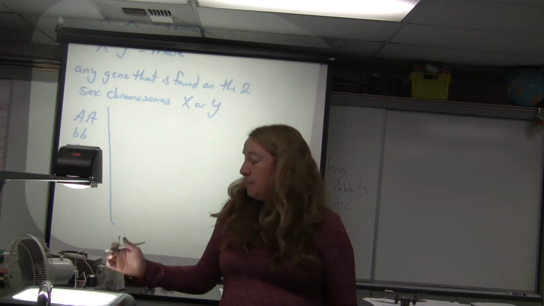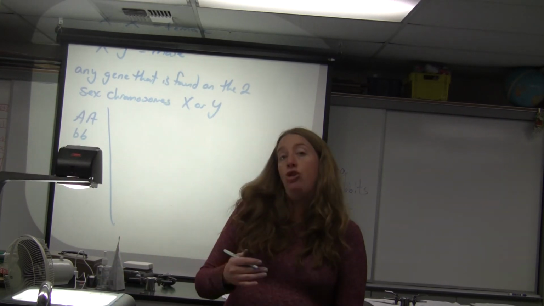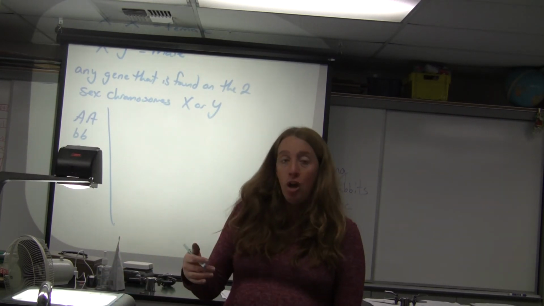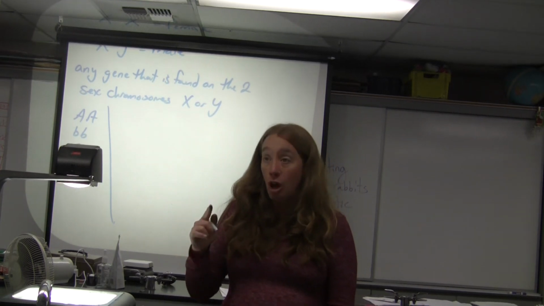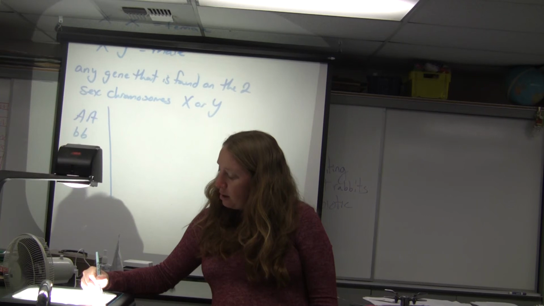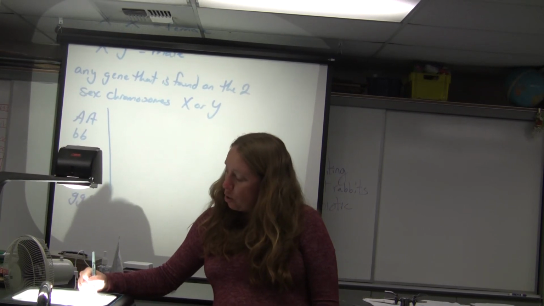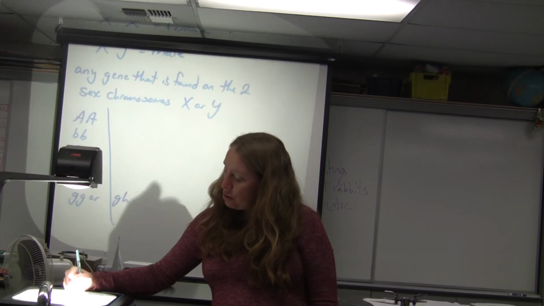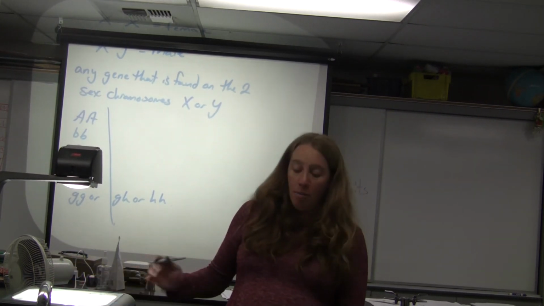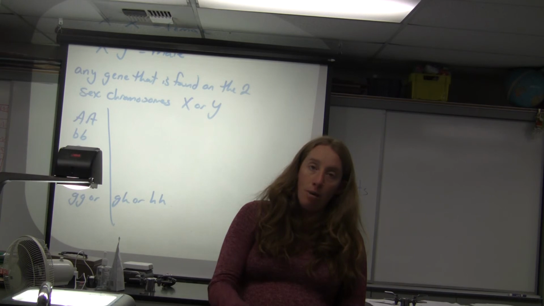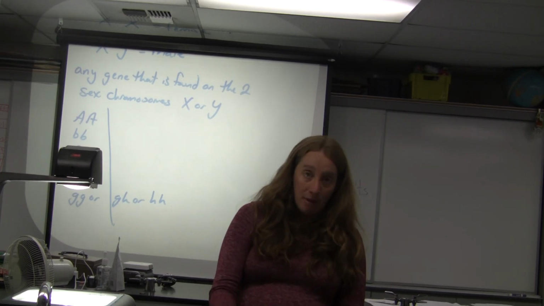That means you can either choose a little g or a little h. There is no such thing as a big G. There is no big H. So you pick either little g, little g, or little h, little h.